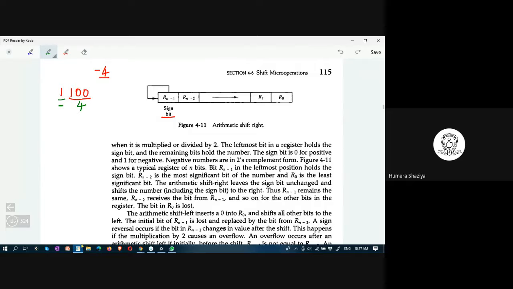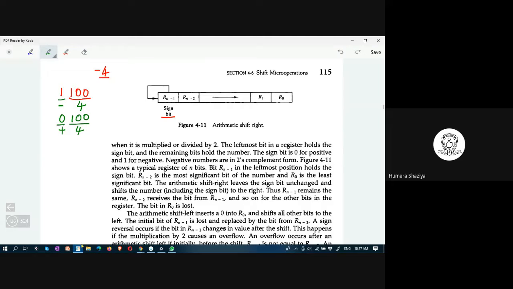This number denotes that it is a negative number. If it is a plus 4, it would be 0 1 0 0. These 3 bits for 4 and this bit for sign. This is plus 4.